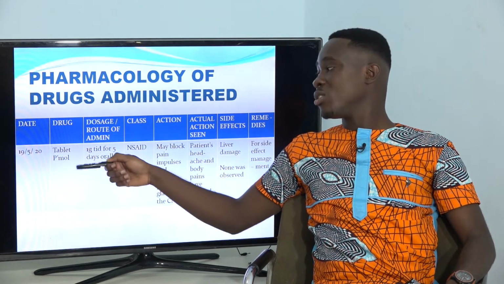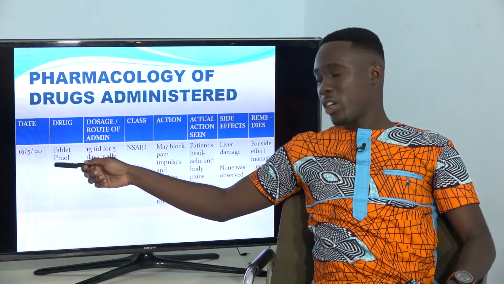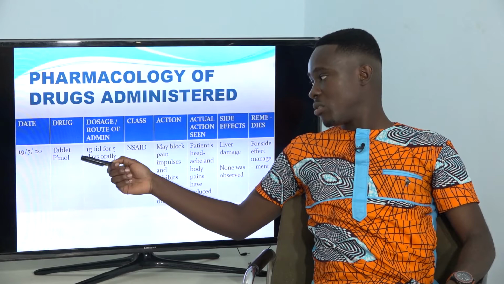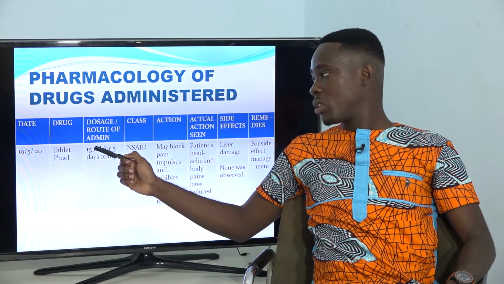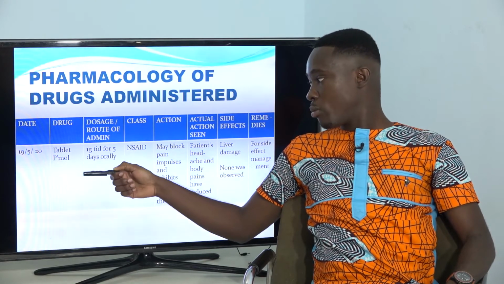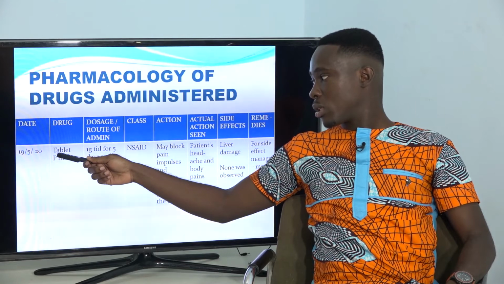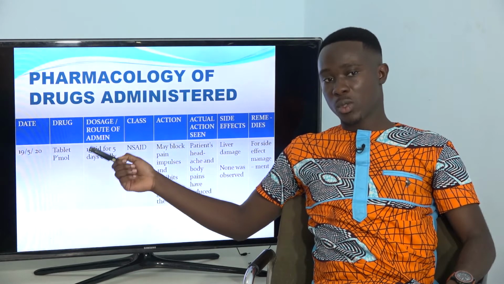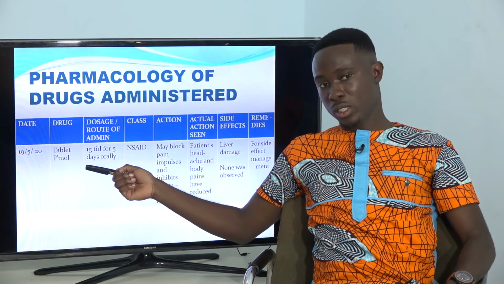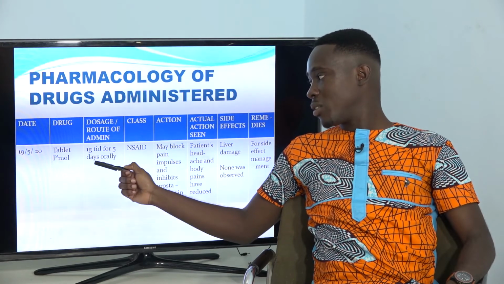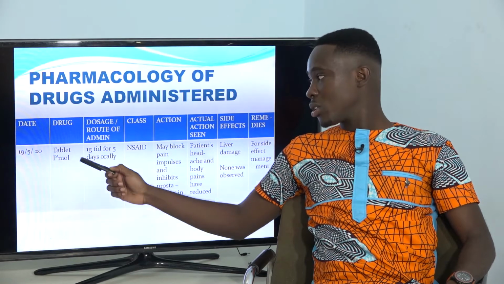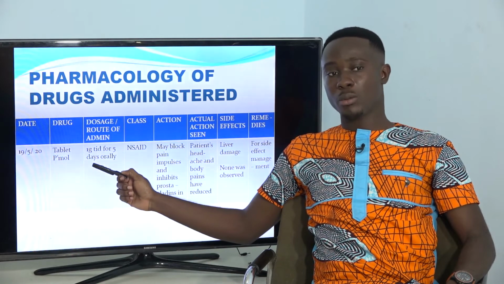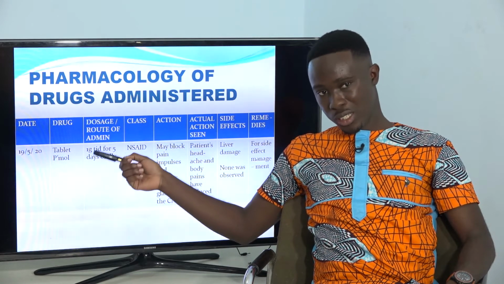You can have intravenous paracetamol, which can be 1 gram stat, or intravenous paracetamol, 1 gram TDS for 24 hours. And if it is intravenous, the route of administration then becomes intravenously.